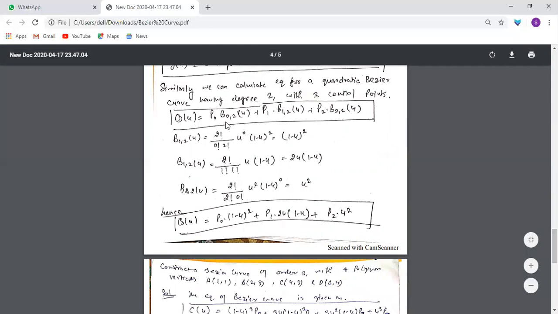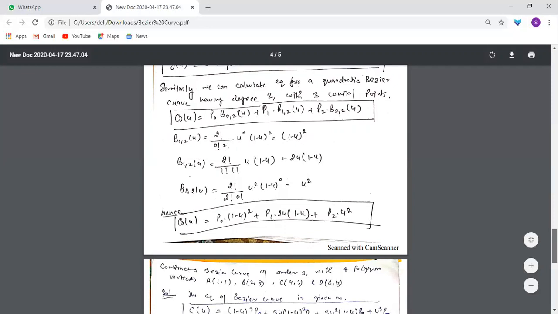We have to calculate the values of b0,2, b1,2, b2,2 using the Bernstein polynomial. After solving the Bernstein polynomial, you will get these terms, and we will replace b0,2, b1,2 and b2,2 with these calculated terms.